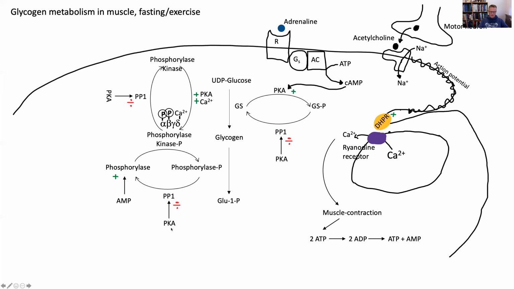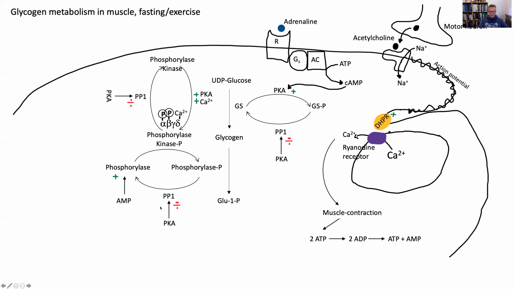This is being regulated by protein kinase A. So under these conditions, for instance, during fasting or exercise, we know that protein kinase A is active because we have activated the production of cyclic AMP, and the activation of protein kinase A will lead to an inhibition of protein phosphatase 1 that, when inhibited, will not dephosphorylate glycogen synthase.